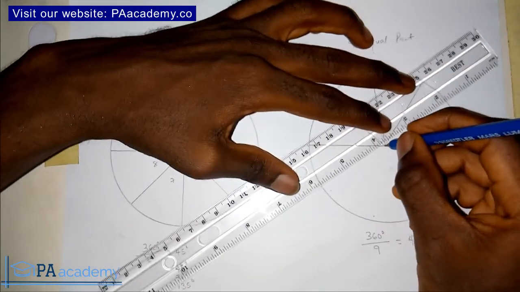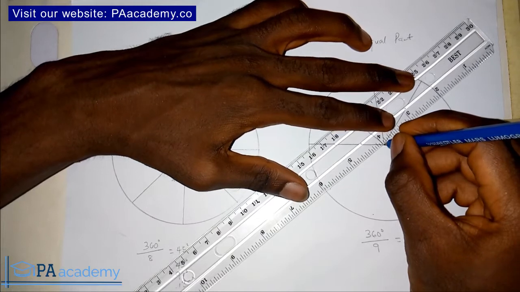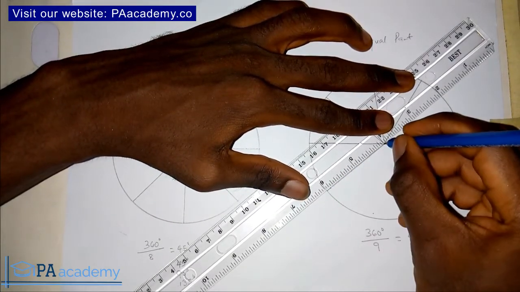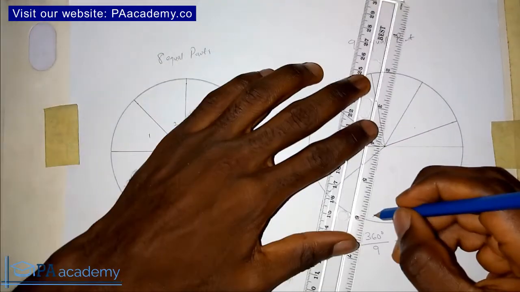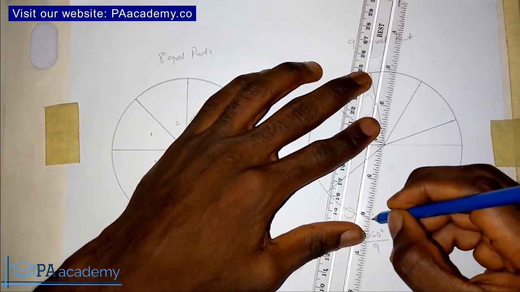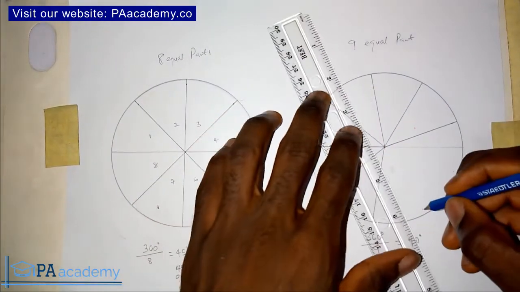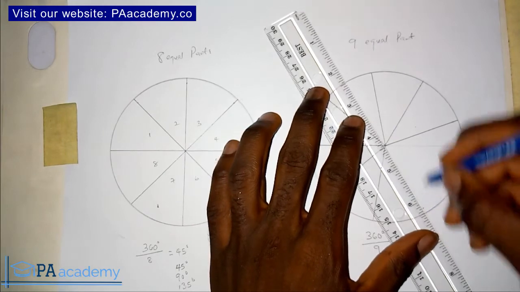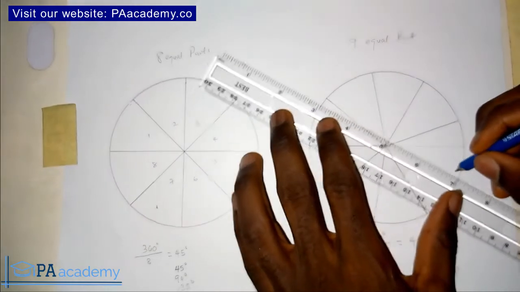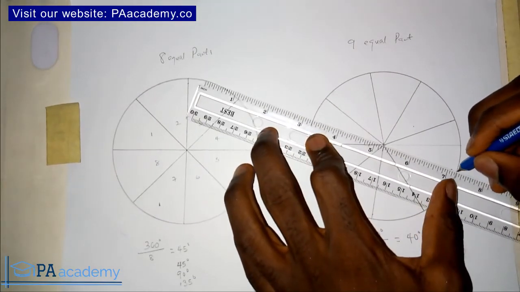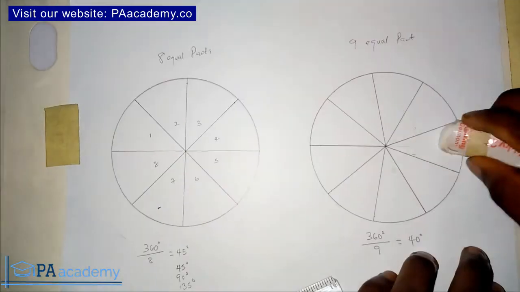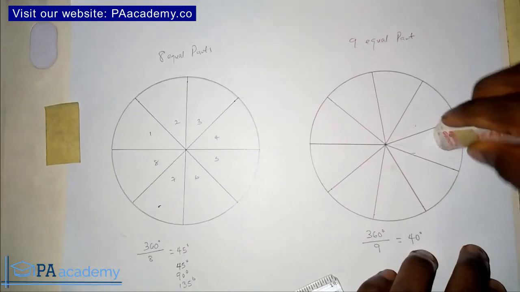So now let's join it to the center of the circle. So let me clean up these faint lines.